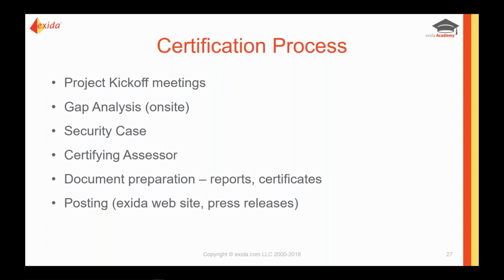There's a certification process, making sure that all that information is correct, and then various reports and certificates are issued and posted. Exida has a portion of their website that lists all the system, product and personnel certifications that we've been involved with. There are also press releases as part of that process.